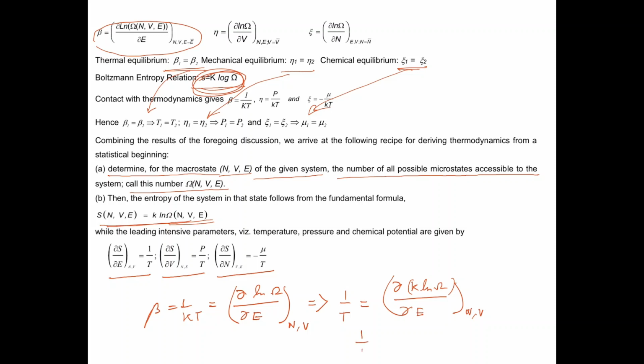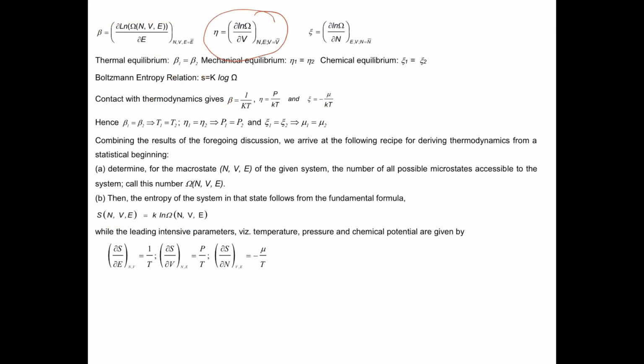So we get 1 by T equal to ∂S by ∂E at constant N and V. That is what we have for 1 by T over here. Similarly, the other relations can also be derived from here.